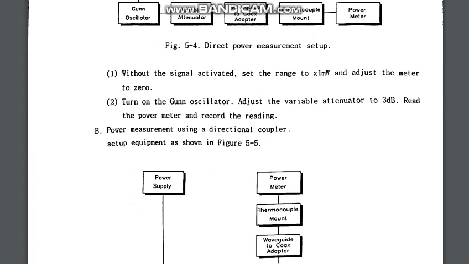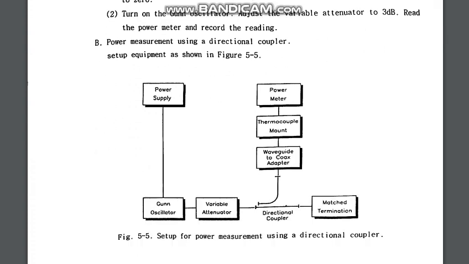Now the power measurement using a directional coupler. So there is a power supply through the gun oscillator and variable attenuator. Just use a directional coupler at that point. The collinear axis should be connected to the match termination. In the directional coupler there are two ways of propagation: one is the collinear axis, one is the perpendicular axis.